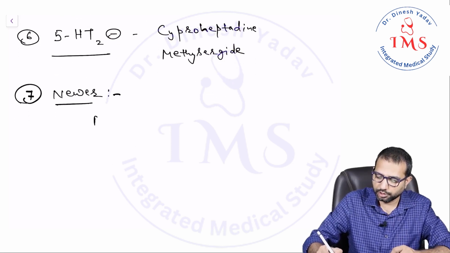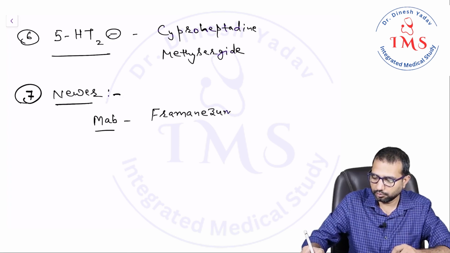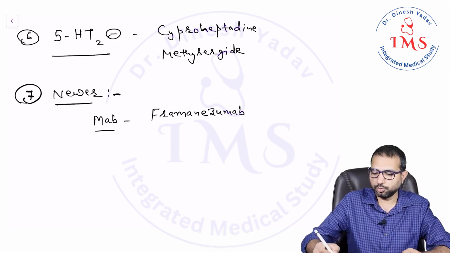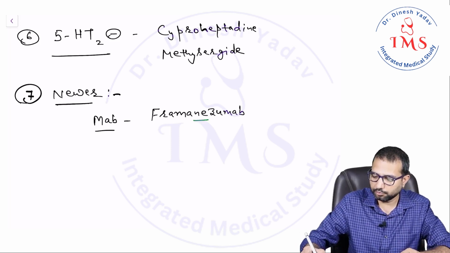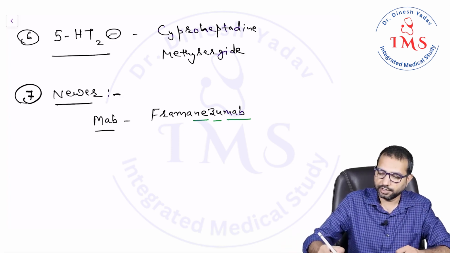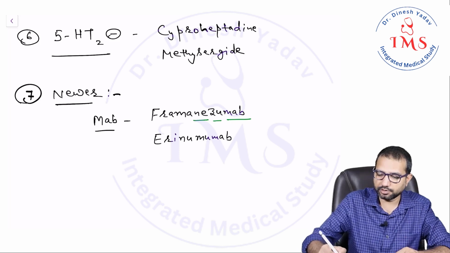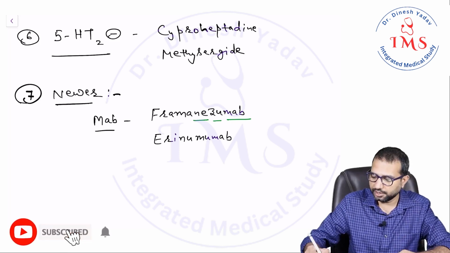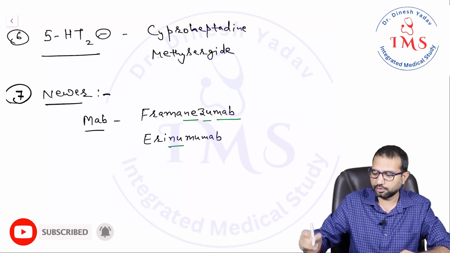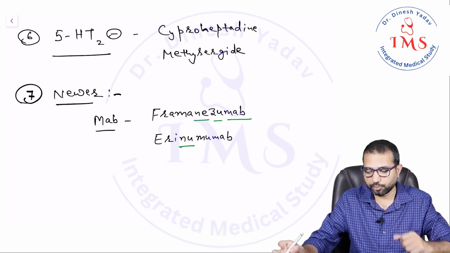The important monoclonal antibodies for migraine prophylaxis are fremanezumab, erenumab. These antibodies are approved for migraine prophylaxis.